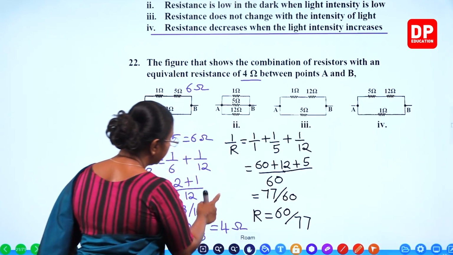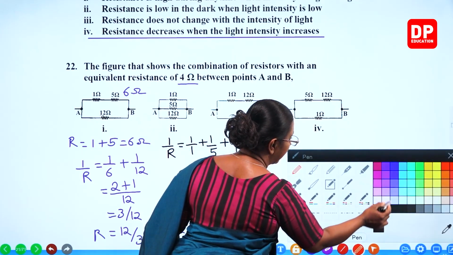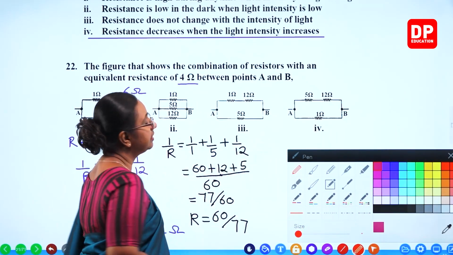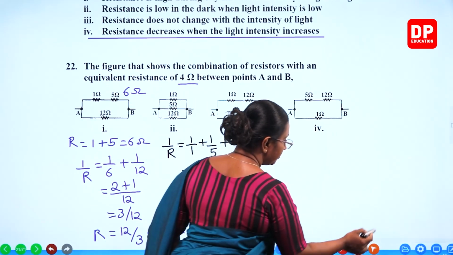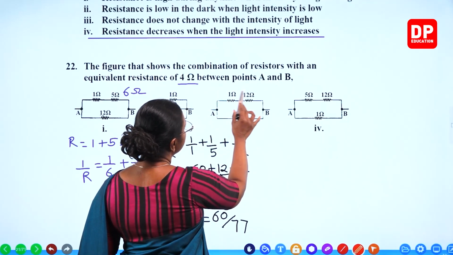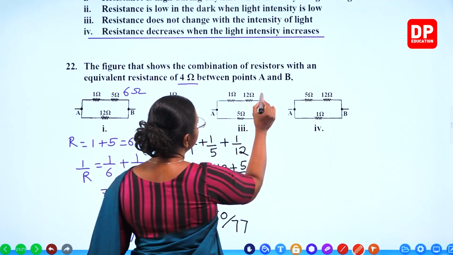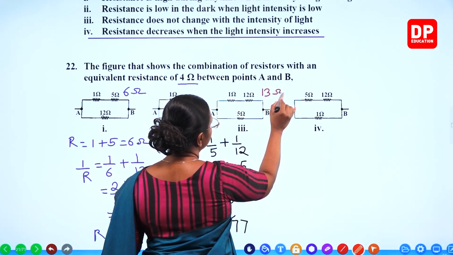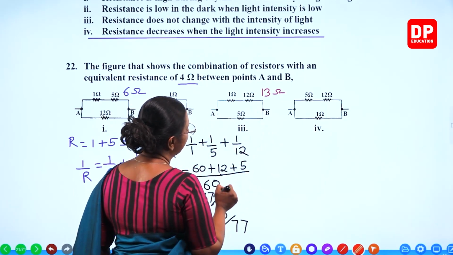Then you look at the third one. This is again like a practice, students. We are doing the calculation so you all know it easily. I'll use a different color. Here again you can see 1 ohm and 12 ohm in series combination. So 1 plus 12, you have 13 ohm resistance there. Then 5 ohm is parallel to that.